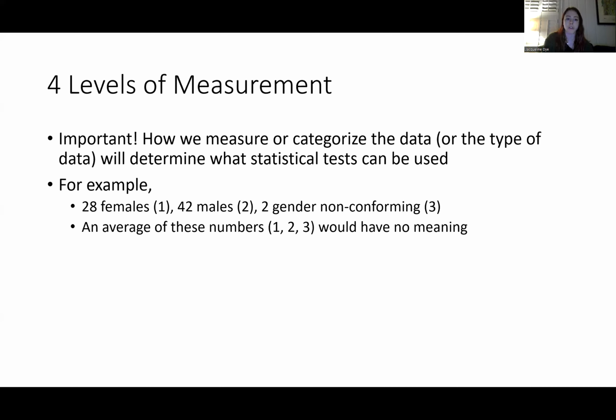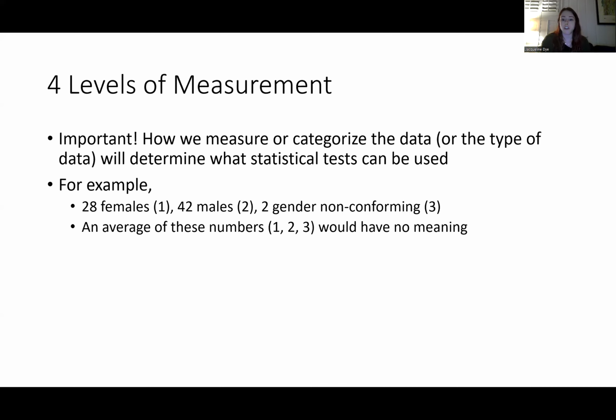So just for a quick example, let's say we have a sample of 28 females and we code female as 1. So in our chart, all the female participants are coded 1. And then we have 42 males, and let's say we assign them a category of 2.